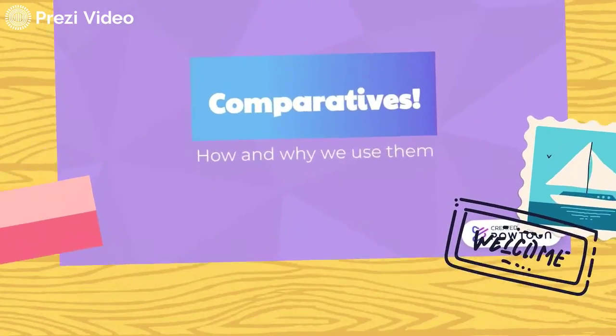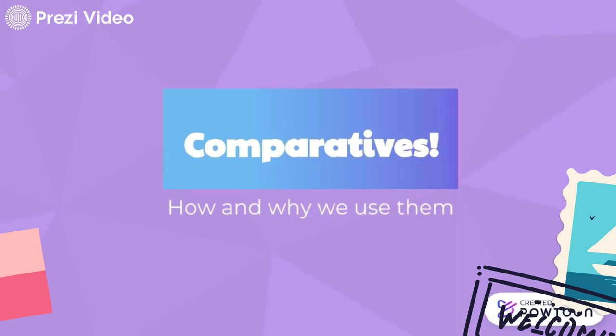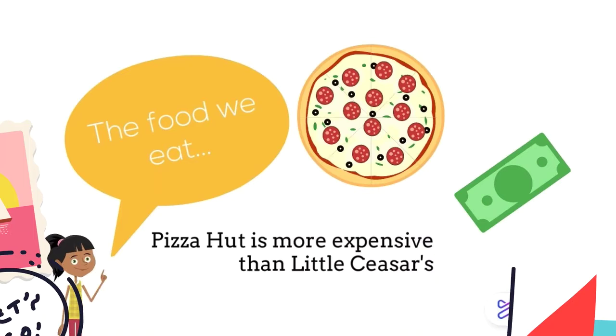Now, what we are checking are called comparatives, and in this video I will teach you how and why we use them, okay? I will also teach you how to form them. The truth is that we are always comparing things. We compare, for example, the food we eat. Pizza Hut is more expensive than Little Caesars.